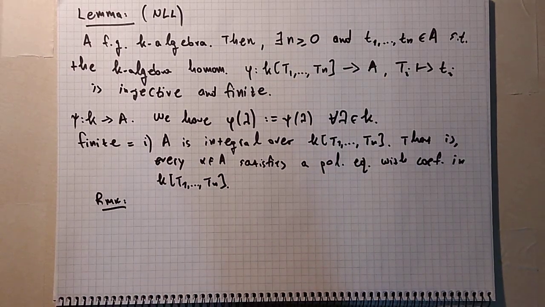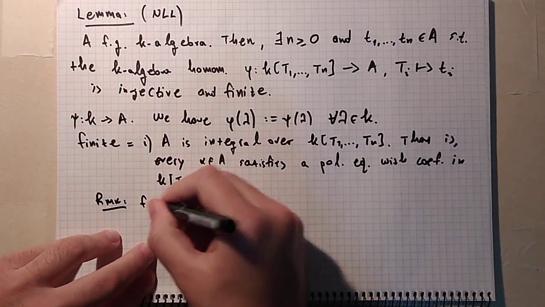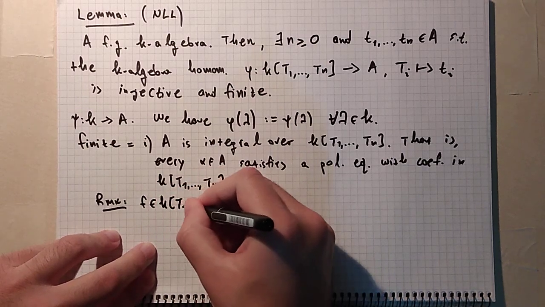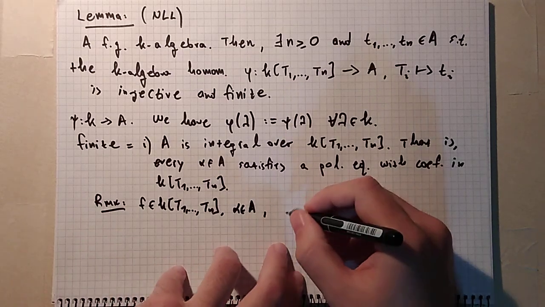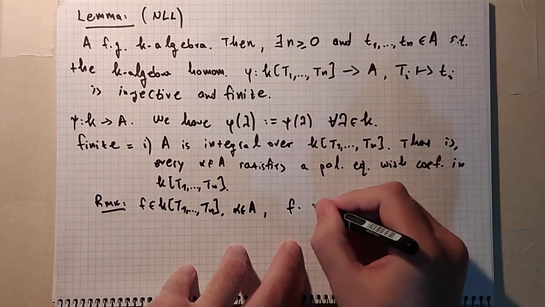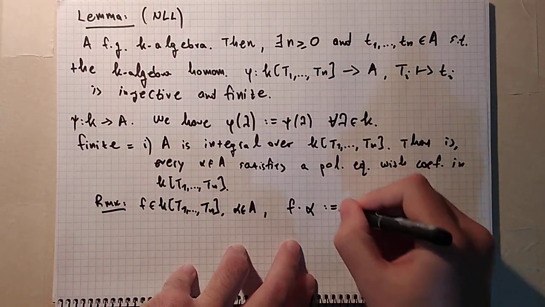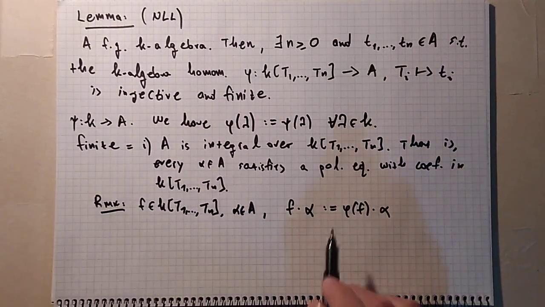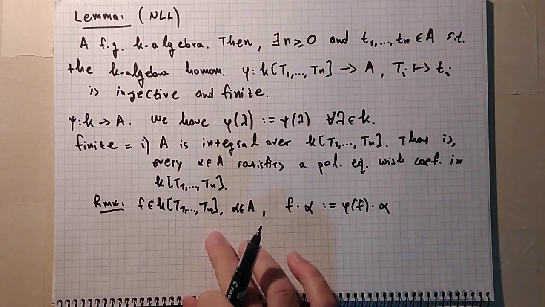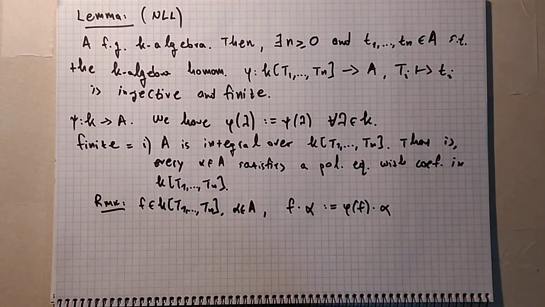So if F is an element in this polynomial ring and alpha is an element in A, then by definition F times alpha is just phi of F times alpha, which makes sense because phi of F lives in A and alpha also lives in A, and A is a ring.